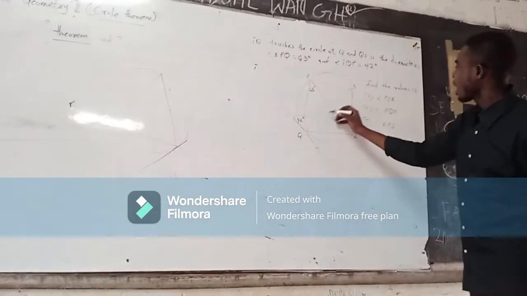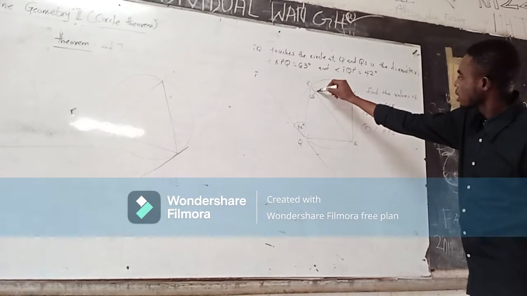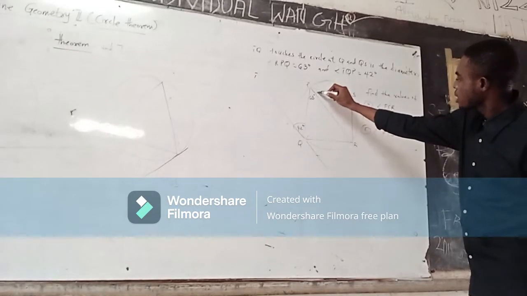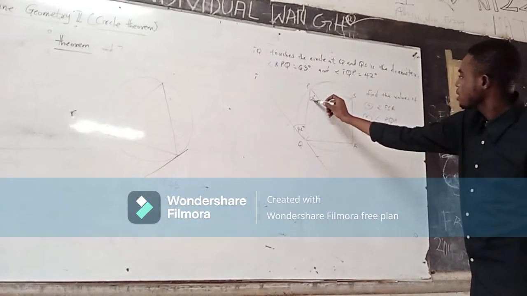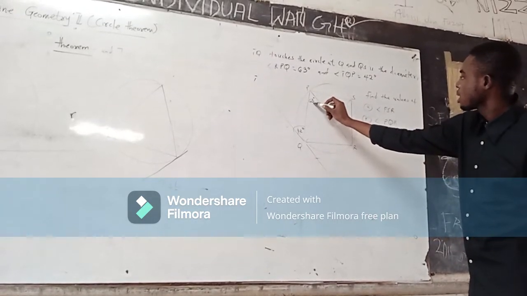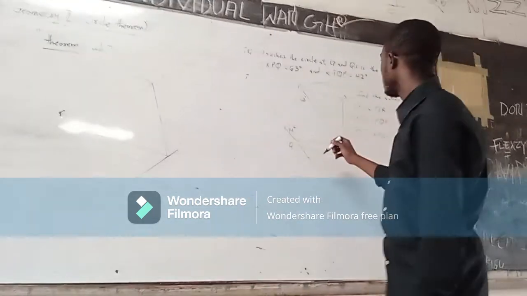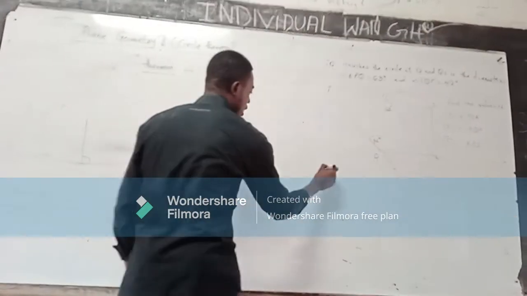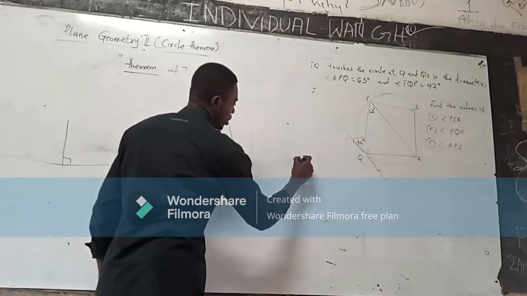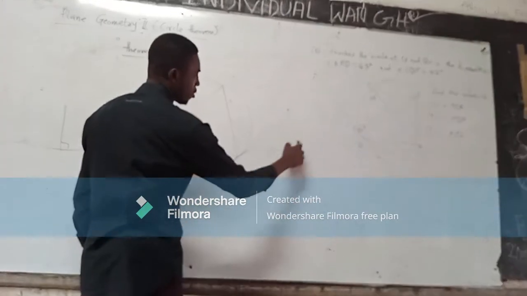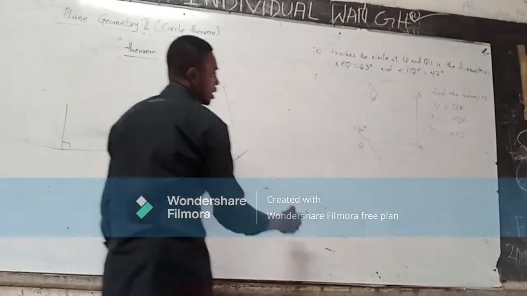And they gave even a diameter here. Once a diameter is here, some angle is formed here, and that angle can be equal to this. So you subtract 63 from 90. One of the rules says that when we have a diameter building a chord and forming an angle here, this one is 90 degrees.